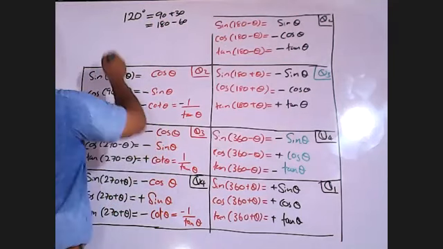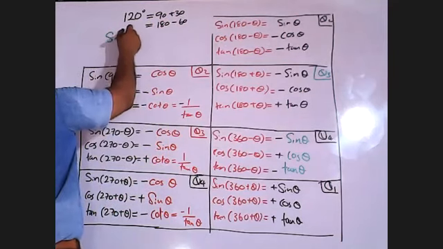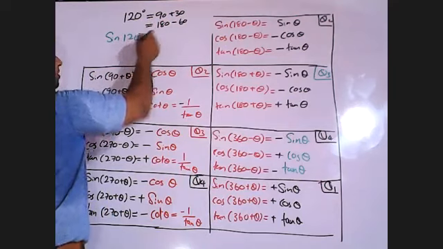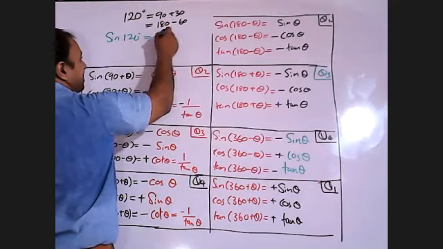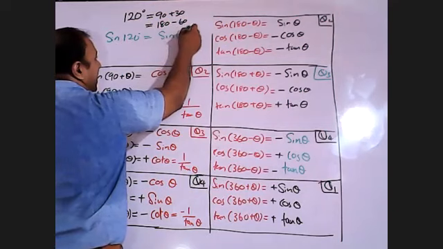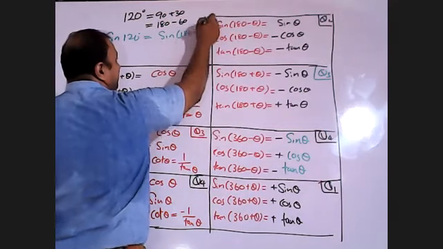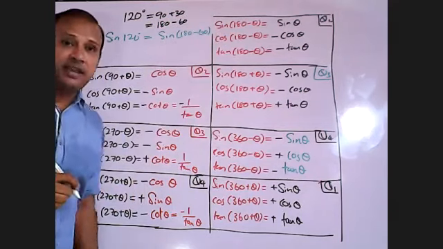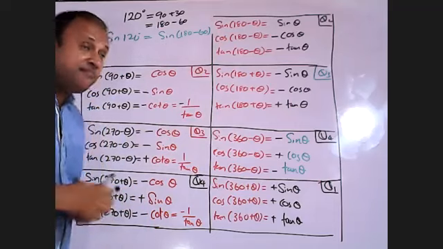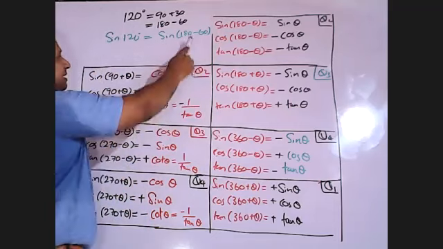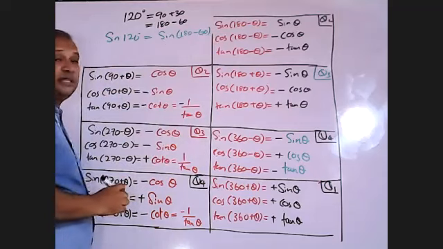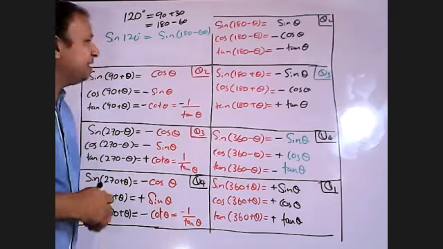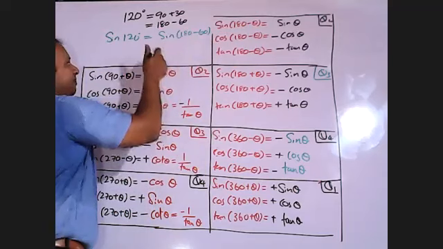Therefore, sine 120 can be written as sine of 180 minus 60. That means this is something like sine of 180 minus theta, no? Here theta is 60.